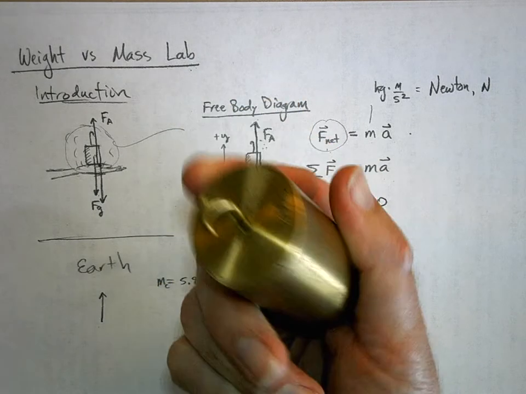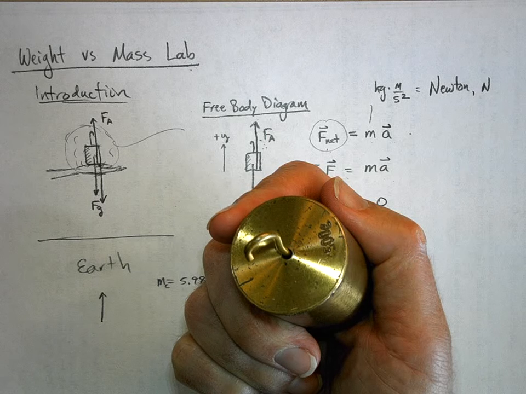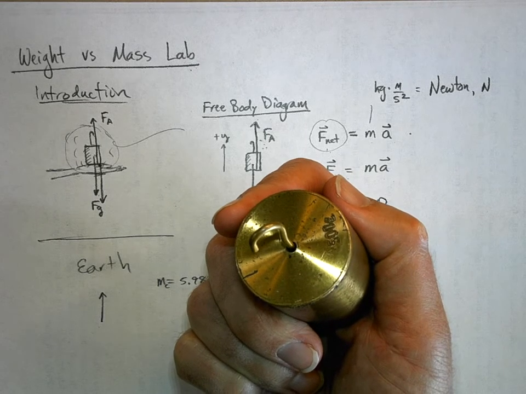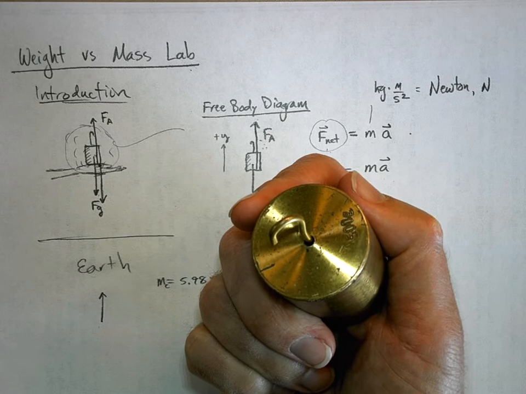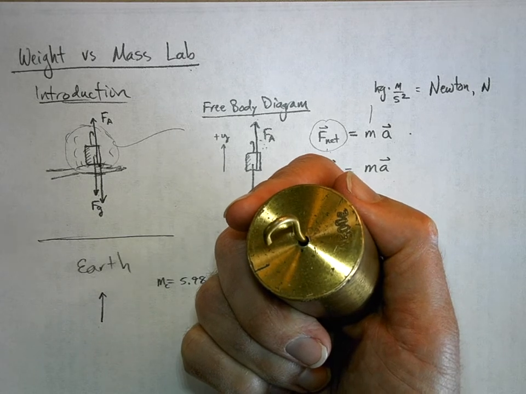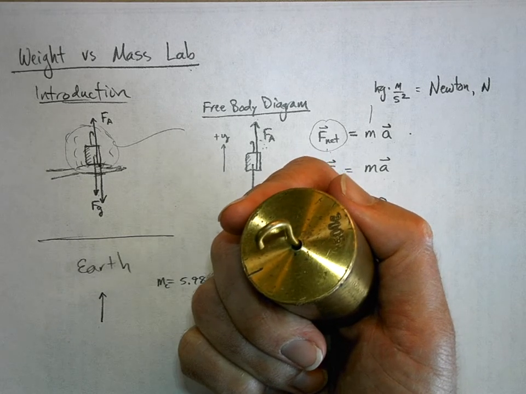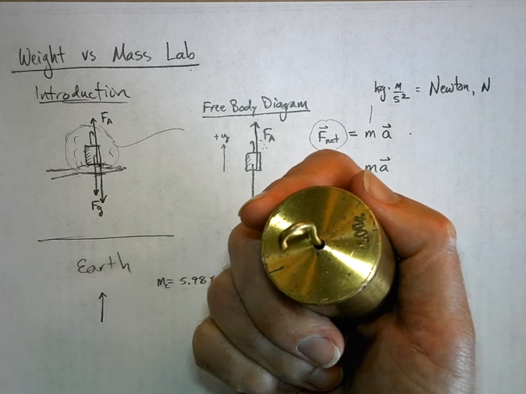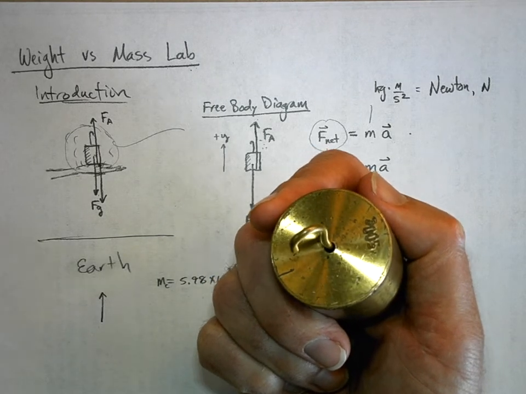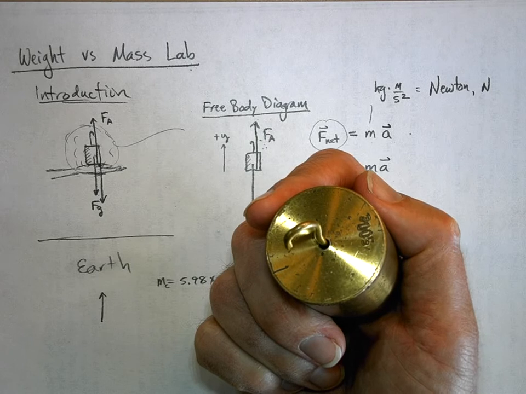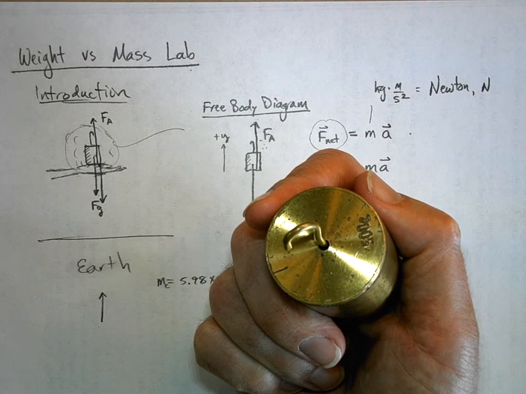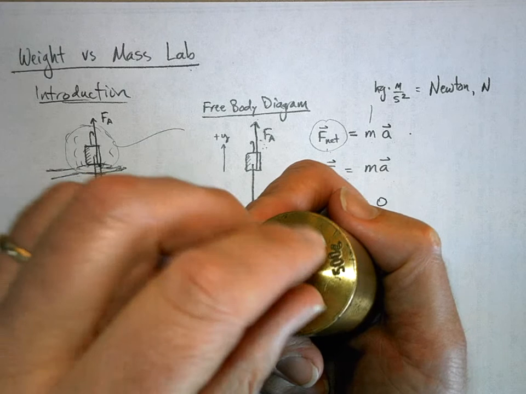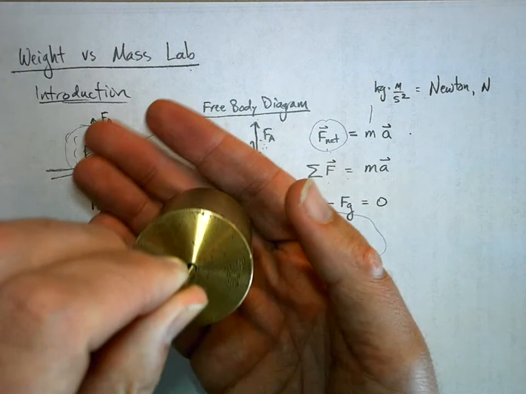Why? Because the moon is tiny compared to the Earth. The moon only has about 1/100th as much mass as the Earth, and therefore, the radius is smaller too, and we'll get to those equations later on. But it turns out that stuff on the moon only weighs about 1/6 as much as it weighs on the Earth.